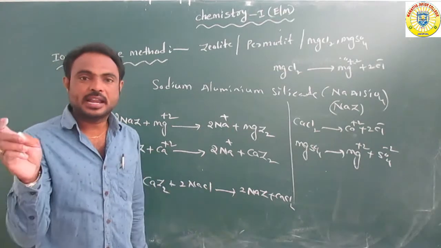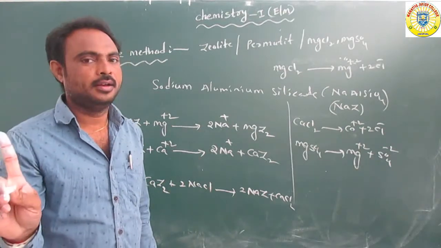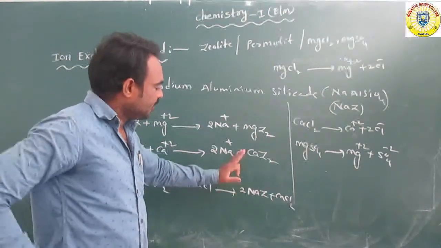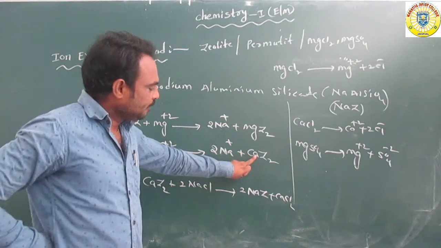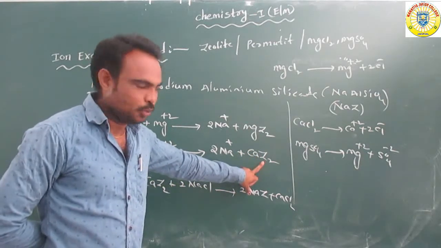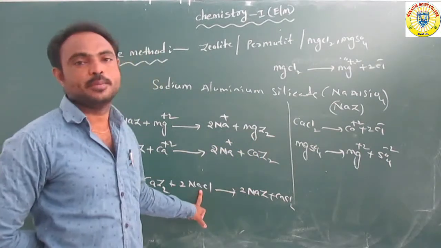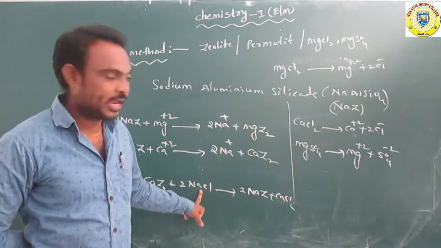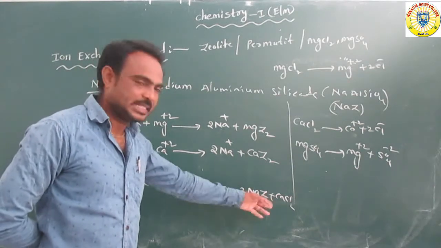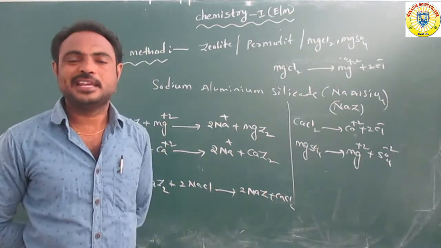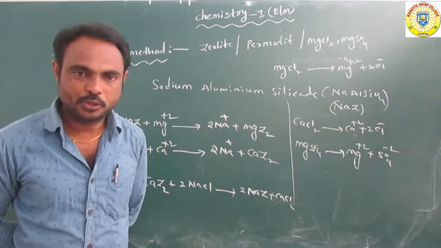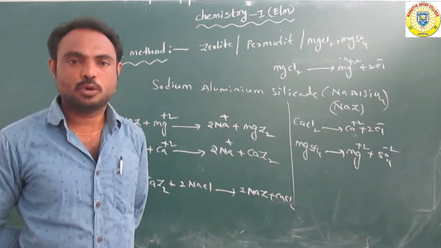It is regenerated when CaZ2 or MgZ2 reacts with sodium chloride, to reproduce sodium permutit.